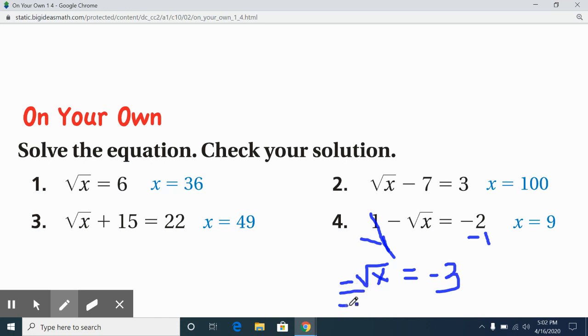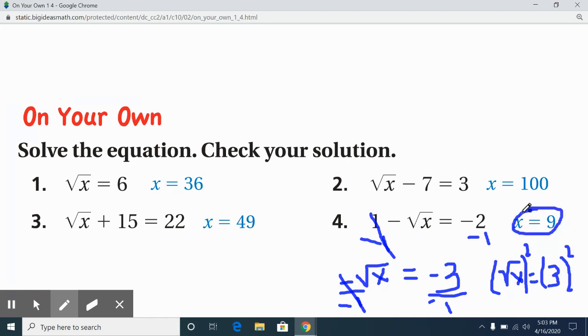I want to divide by negative 1 to get rid of the negative sign, which would leave me root x equals positive 3, and then I would square both sides to get my answer here of x equals 9. That's a really important rule.